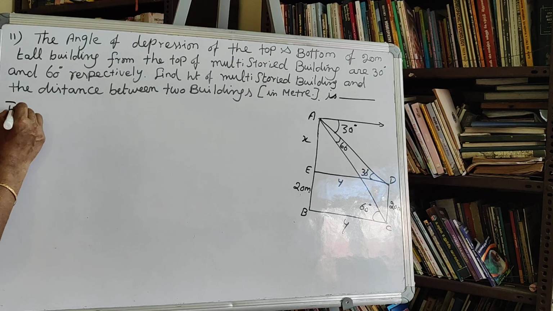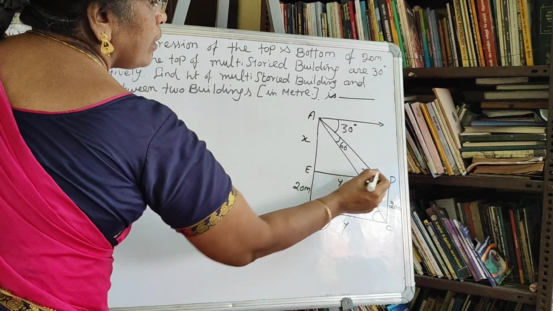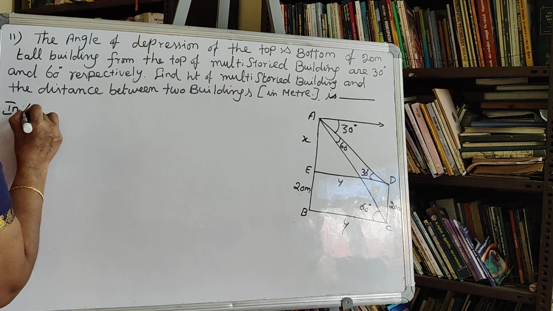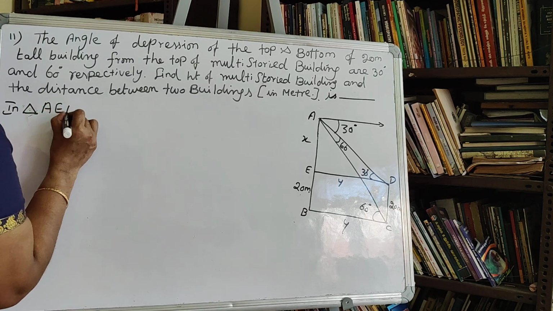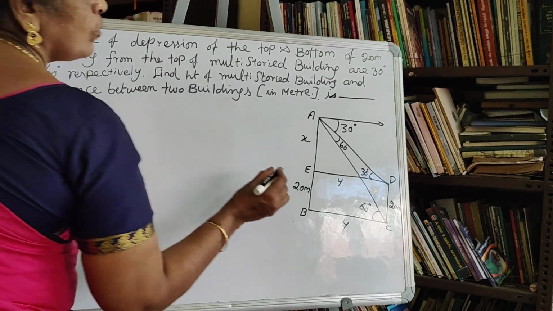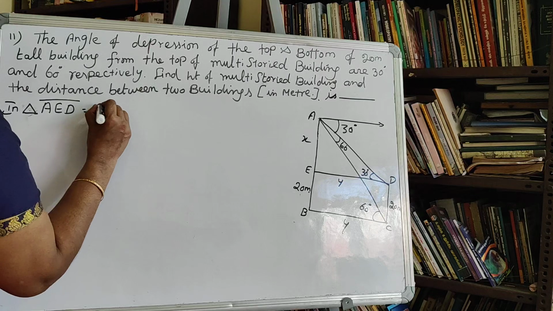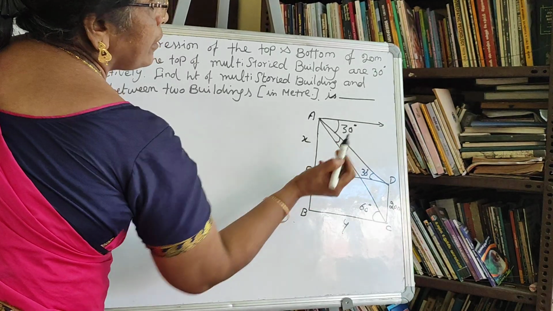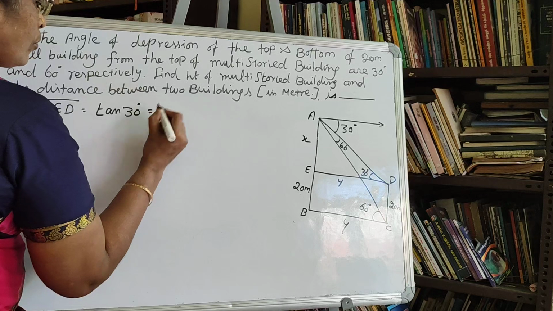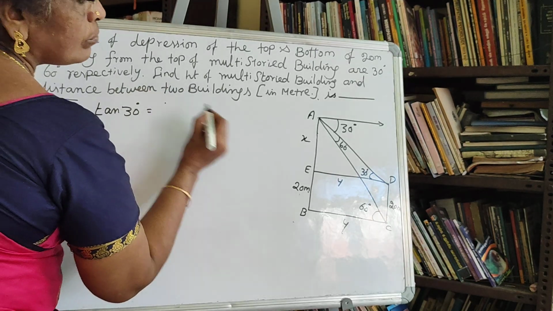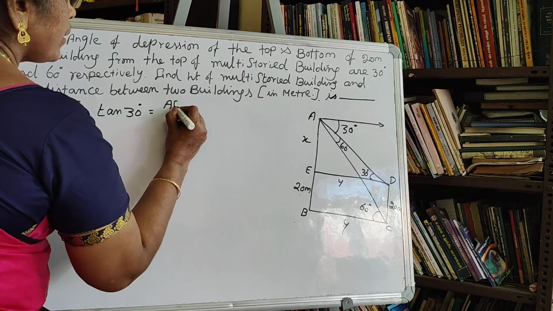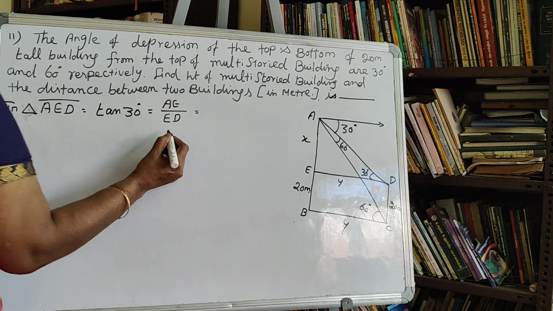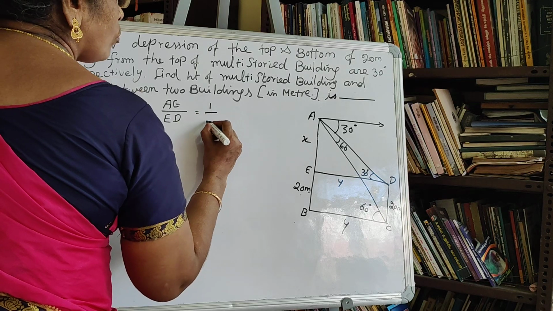in triangle AED, tan 30 degrees equals AE by ED, that is AE by ED equals tan 30 equals 1 by root 3.